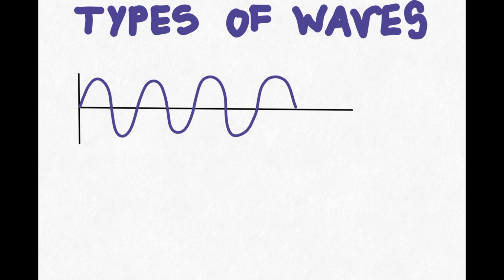Now this wave has a steep wave gradient, meaning that the gradient from the lowest point of the wave to the highest point of the wave is pretty steep. It also has a short wavelength, meaning that the distance between two points that are in the same phase on the wave is short.